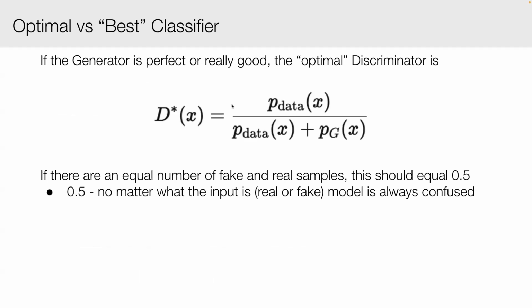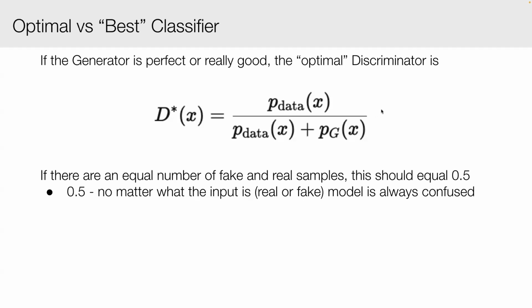The optimal behavior of the discriminator is that it actually never learns the ground truth. As Seth pointed out earlier, the optimal discriminator reduces to 0.5. If you have the same number of samples in P of G as images in your data set, so 5 in your data set and 5 generated, this should reduce to half, 0.5.